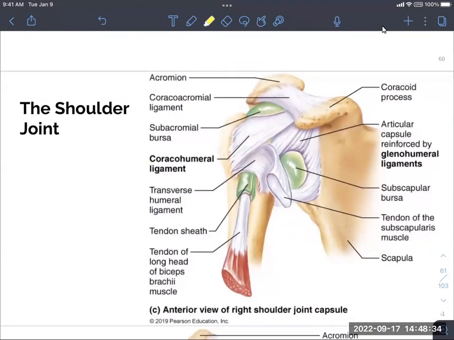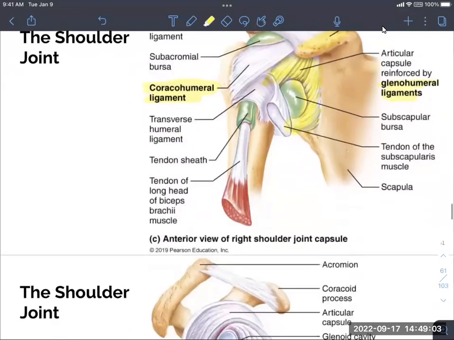So here's that coracohumeral ligament. It goes to that coracoid process and connects to the humerus. We have those glenohumeral ligaments. Gleno, so they go around that glenoid cavity and attach to the humerus. A lot of times the ligaments are named for where they start and where they finish.